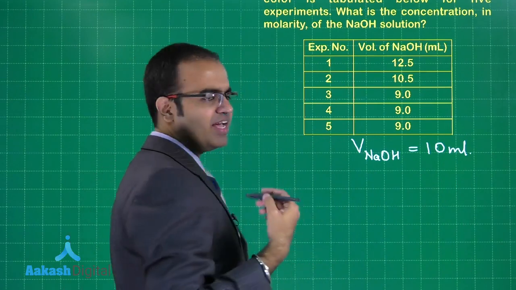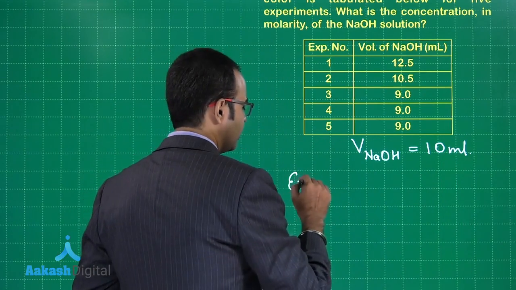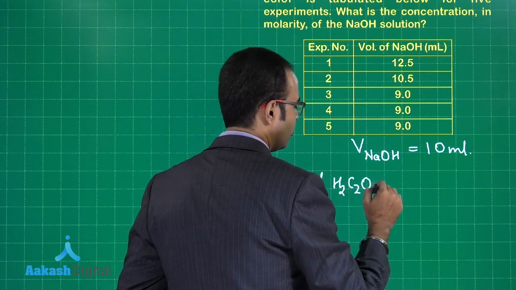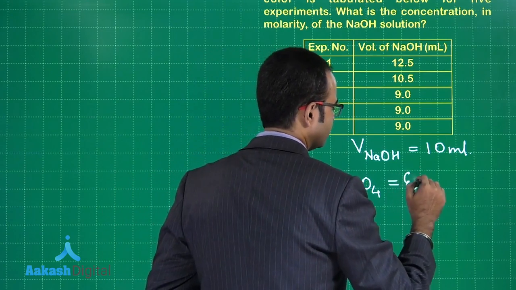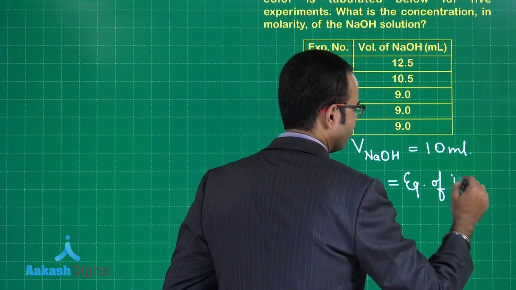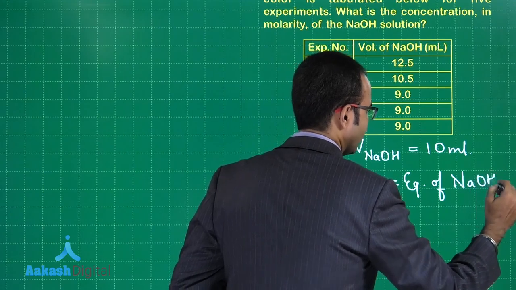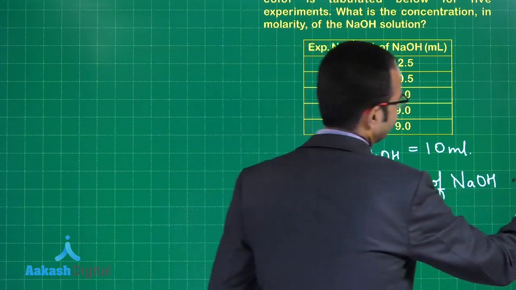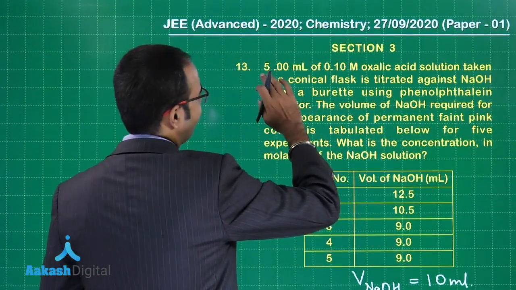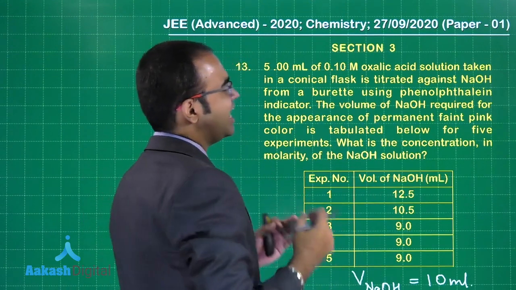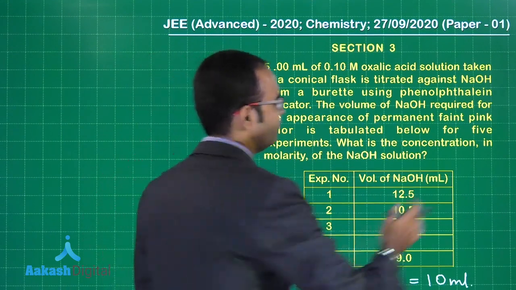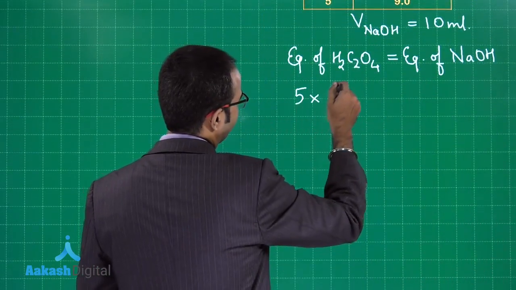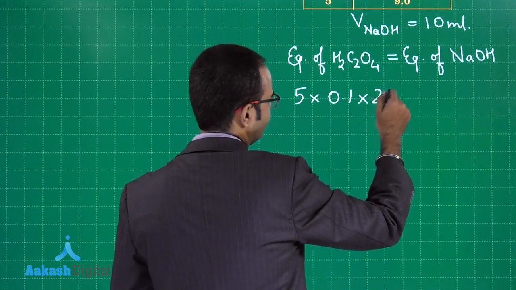So how will I go about it? The equivalence of H2C2O4 is equal to the equivalence of NaOH. When I say equivalence of H2C2O4, it is 5 into 0.1, and for oxalic acid you have 2 H plus ions, so this will be 5 into 0.1 into 2.